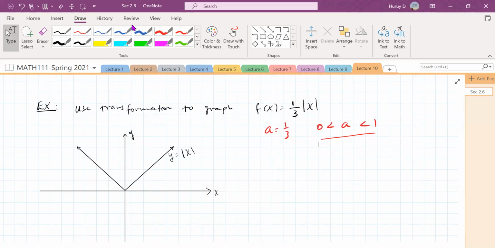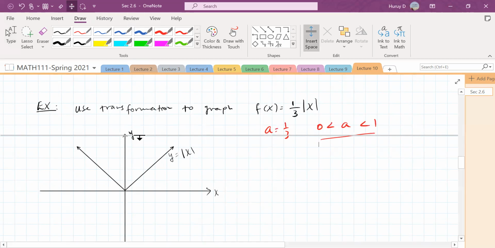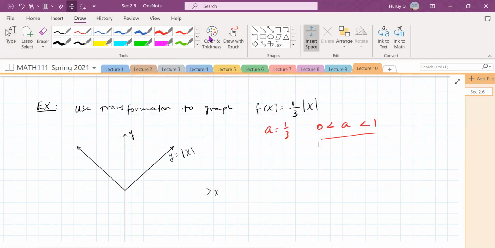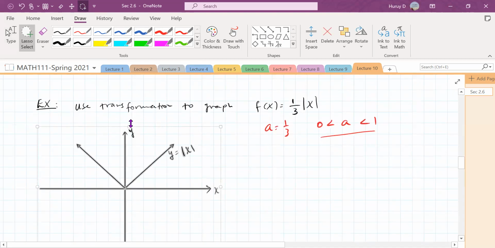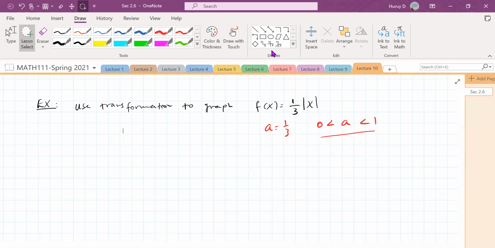I'm going to make a new one because it doesn't look good.